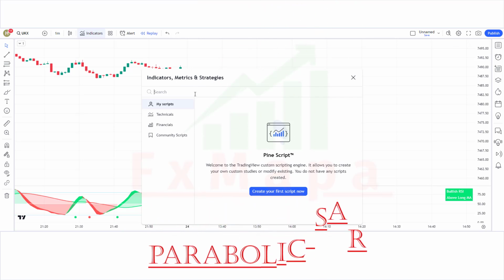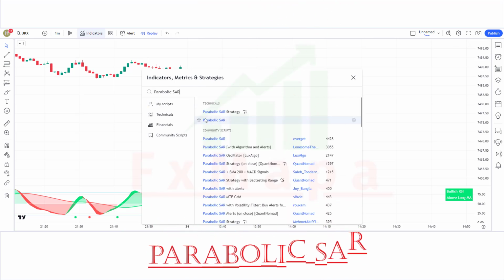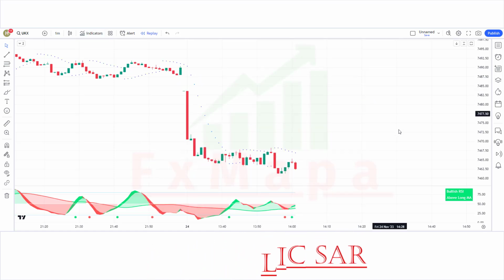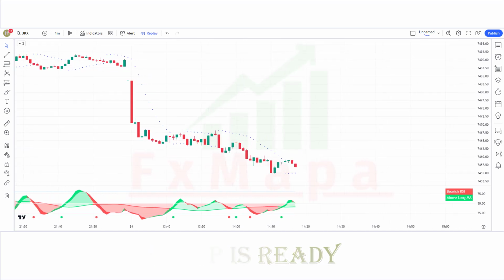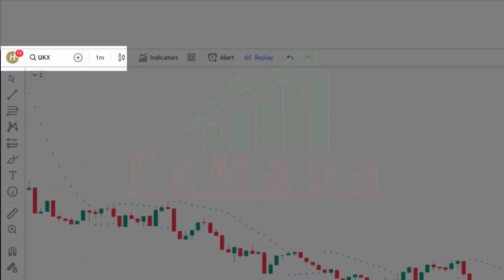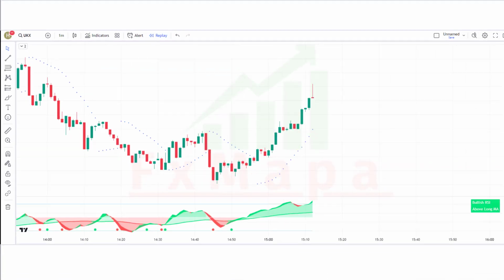Third indicator name is parabolic SAR. Setup is ready. We are going to test this strategy on 1 minute time frame in the UK 100 index chart.